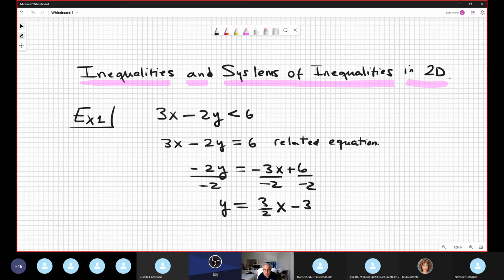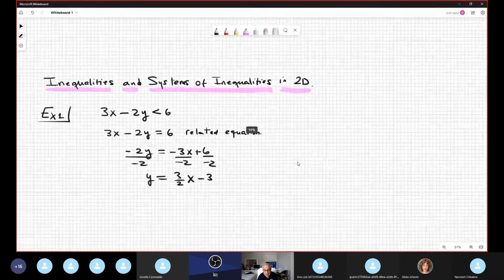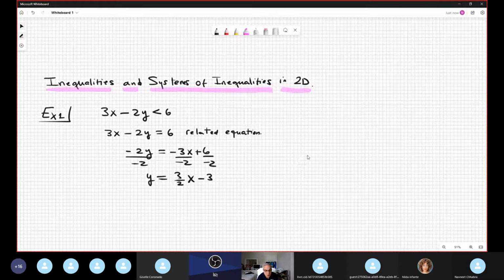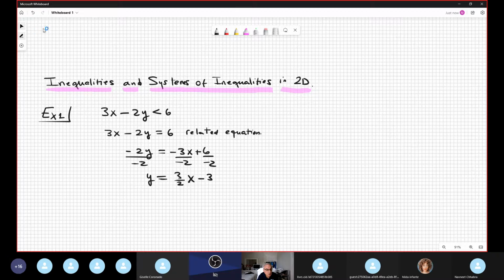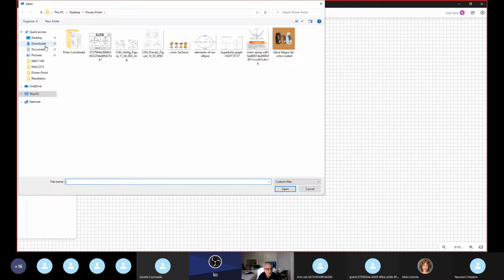And we are doing, why not, the graph of this line. Okay, suppose, not decimal so far, let's do it by hand.